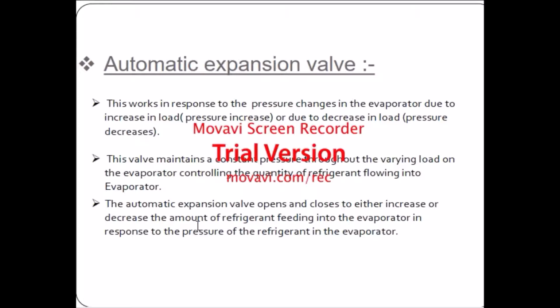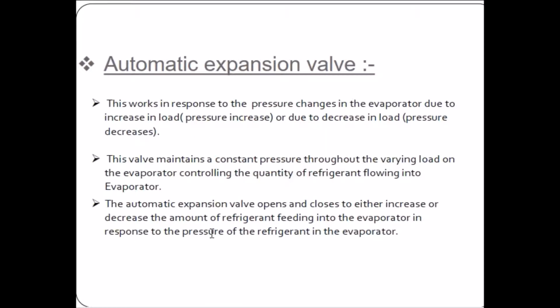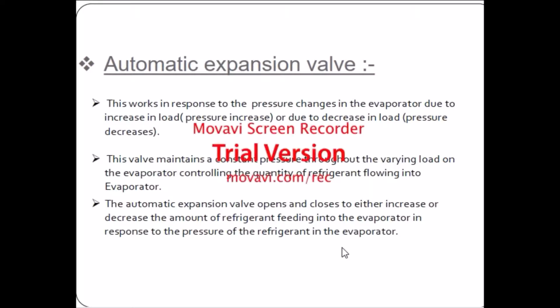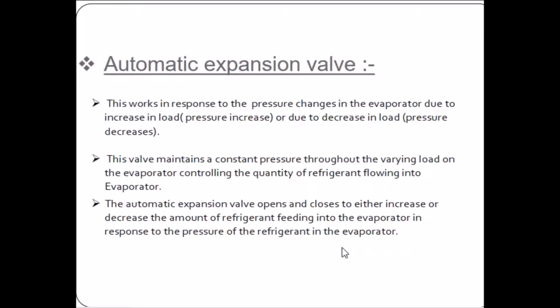The automatic expansion valve opens and closes to either increase or decrease the amount of refrigerant feeding into the evaporator in response to the pressure of the refrigerant in the evaporator. Correct. So the pressure will control the flow rate. This flow rate is related to the control volume, how much will be supplied to the evaporator.